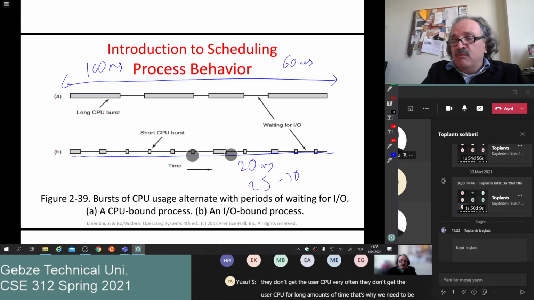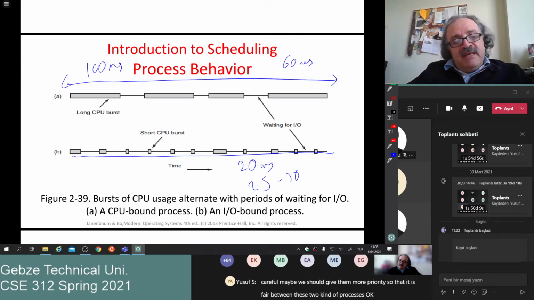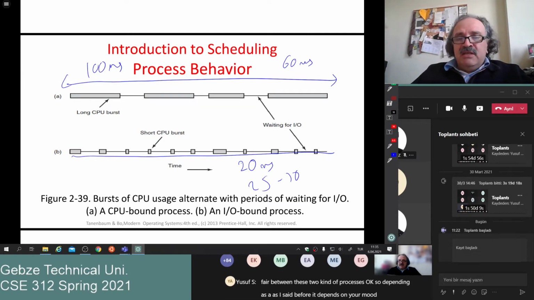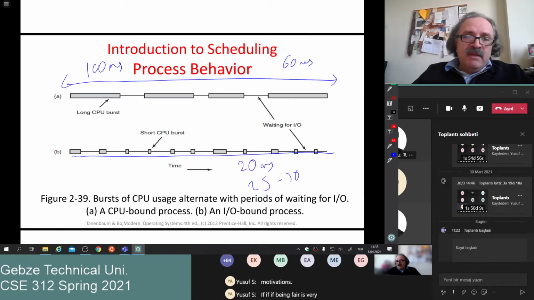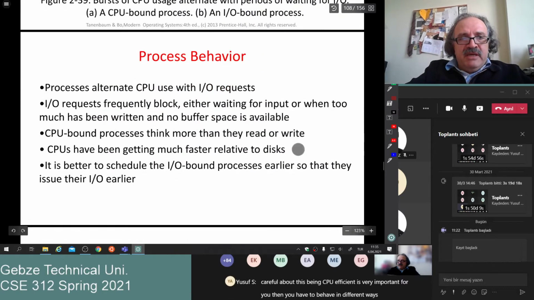Maybe we should give them more priority so that it is fair between these two kinds of processes. As I said before, it depends on your motivations. If being fair is very important to you, then you have to be careful about this. If being CPU efficient is important for you, then you have to behave in a different way.